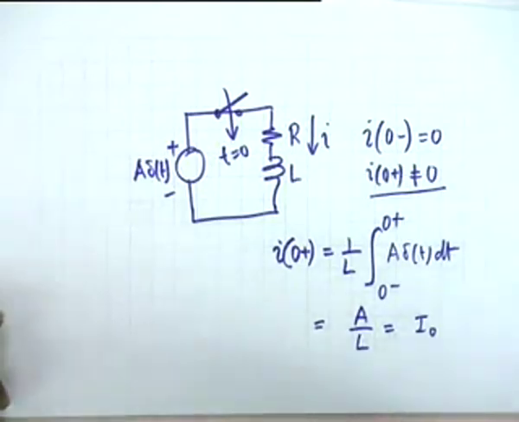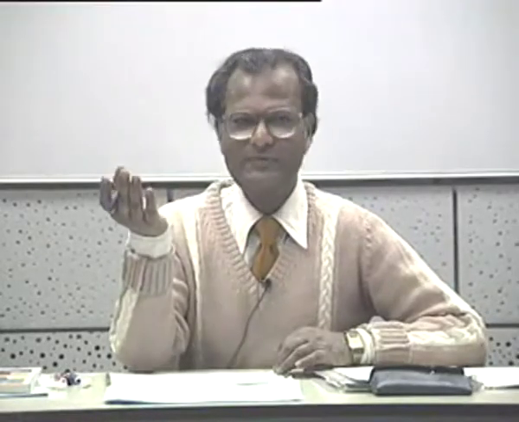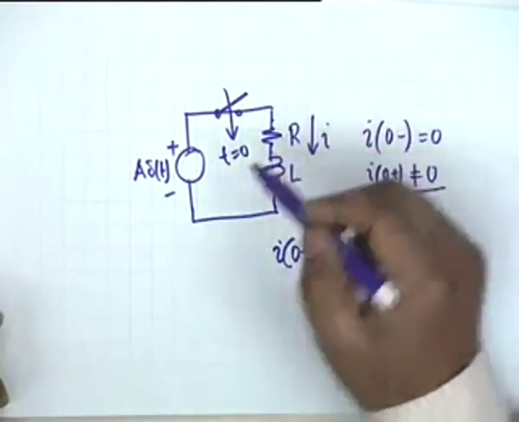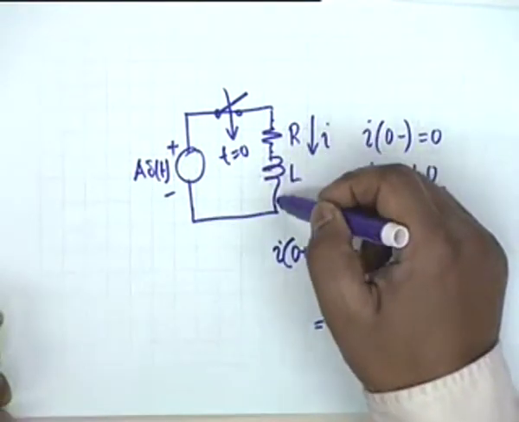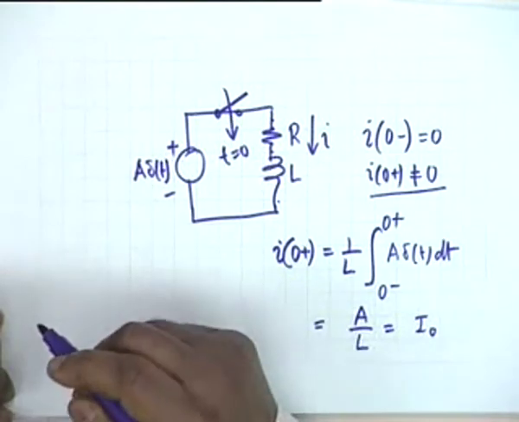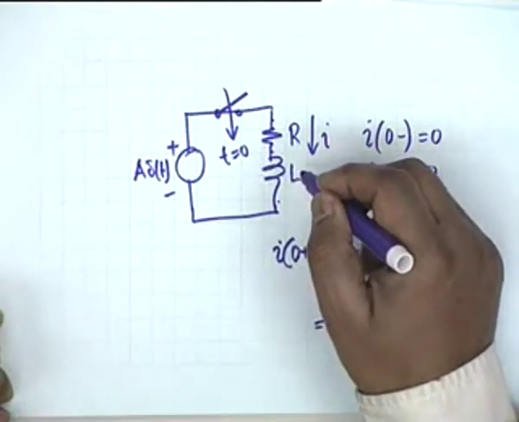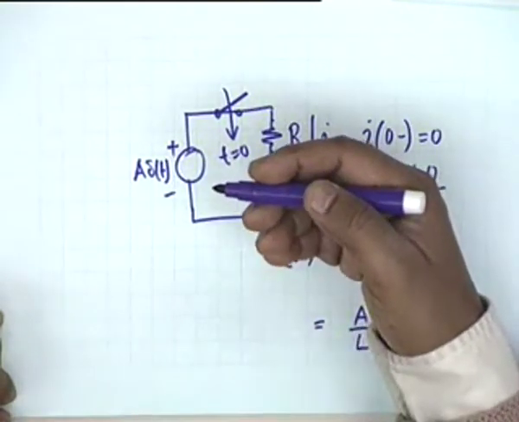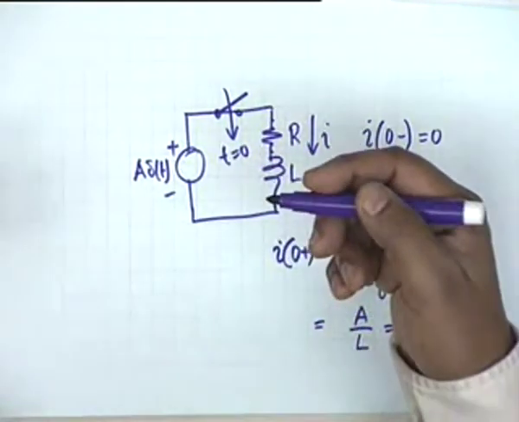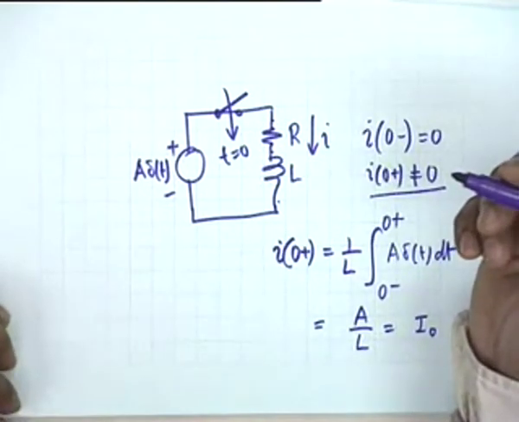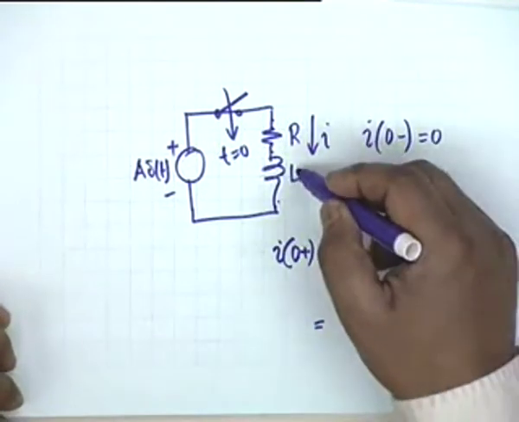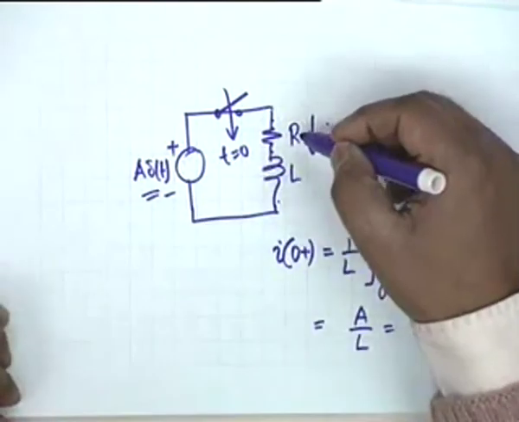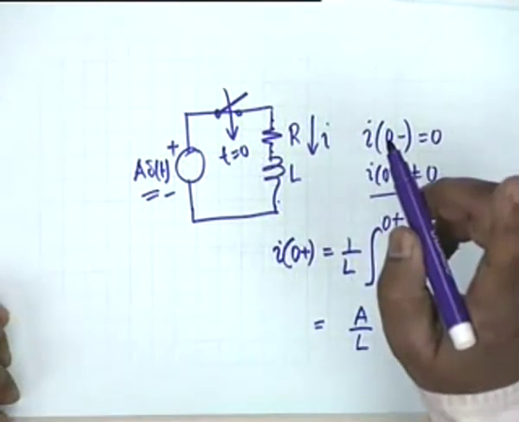Obviously the effect cannot be infinite current, it must be a finite current. If it is a finite current, then the drop across R shall be small compared to the drop across L, because L is multiplied by di/dt, and di/dt is infinitely large. There is no current, suddenly a current is established, and therefore L di/dt must be equal to A delta t, because the drop across R is finite.